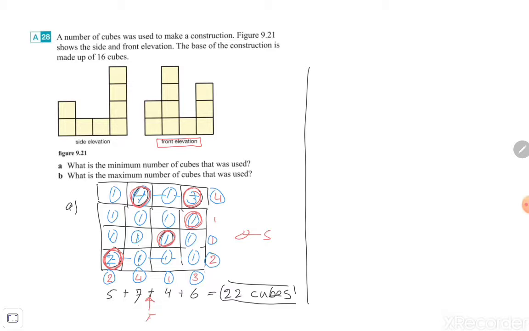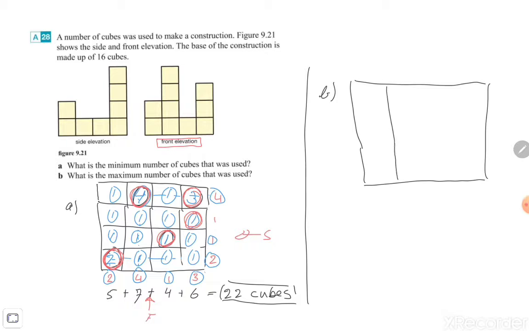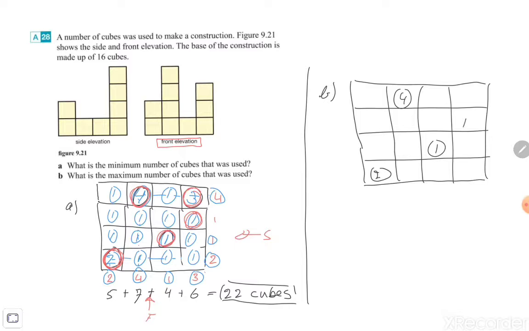Alright, let me have a look at exercise B, because that's the question. What is the maximum number of cubes that was used? Because we already did the minimum, for question B I'm going to copy that plan again. So that's 1, 2, 3, 4. There you go. I'm going to add this 2, this one the 4, this 1, there was a 1, and there's a 3.